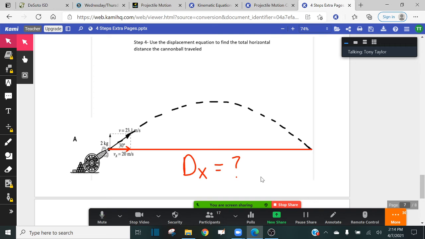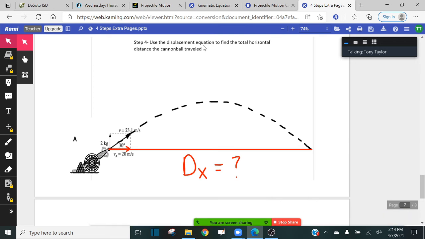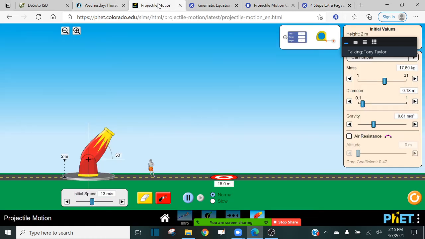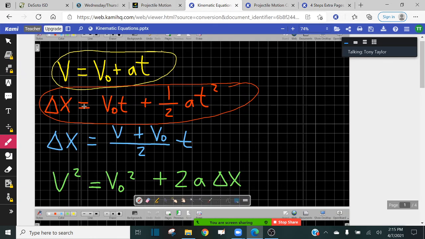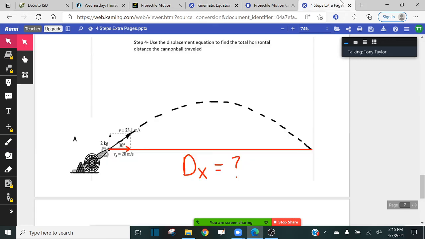Now, okay, so let us use our displacement equation. And remember, our displacement equation is right here. It says displacement is equal to the initial velocity multiplied by time plus 1/2 multiplied by acceleration multiplied by time squared.